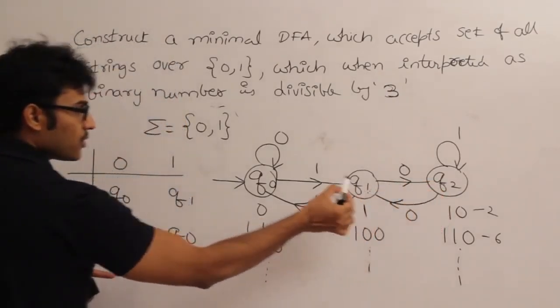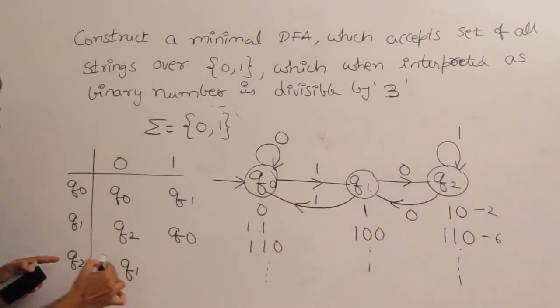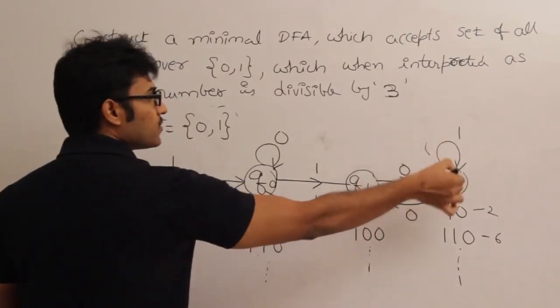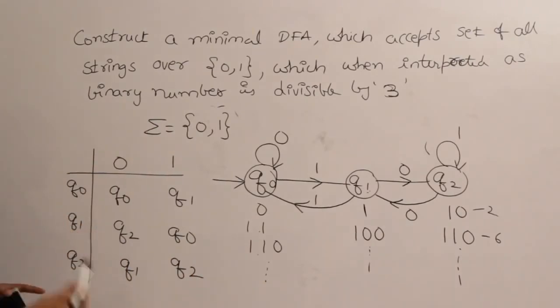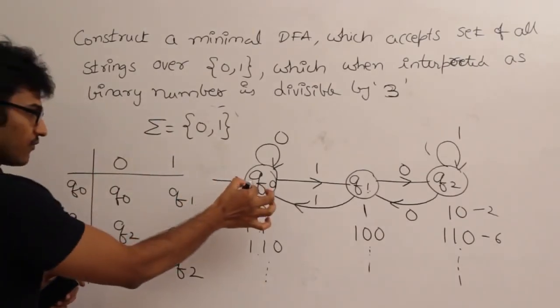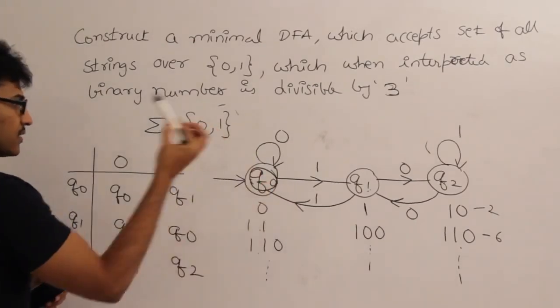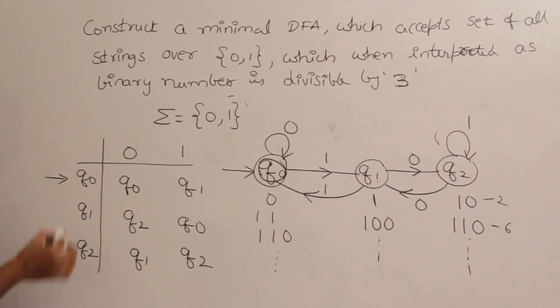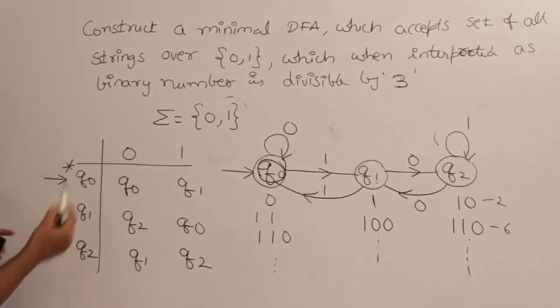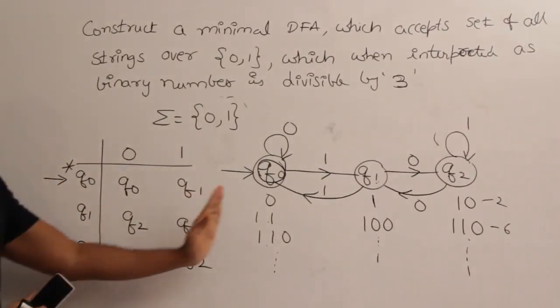Q2 on 0 is going to Q1 and Q2 on 1 is going to Q2 itself. So what is the final state? It has to be divisible by 3, therefore the final state is going to be this one. This is the initial state. The initial state is represented by an arrow and the final state is represented by a star. This is the table and this is the diagram.